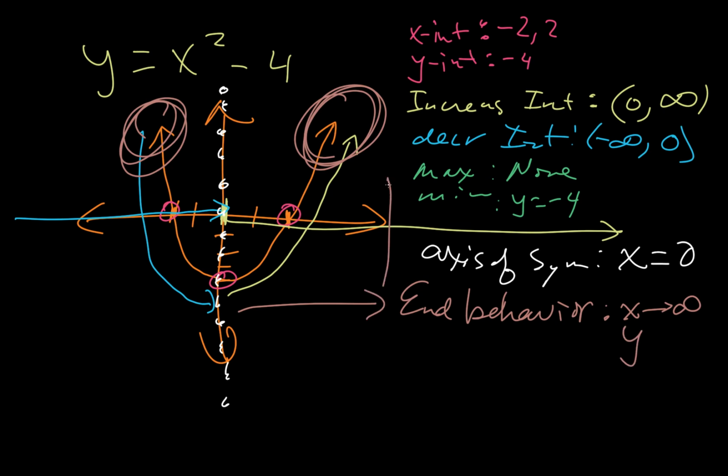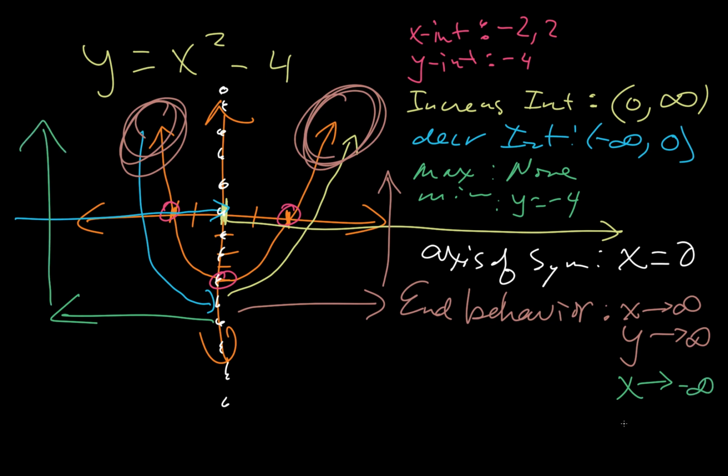Well, in this case, y goes up, so y approaches infinity. Then we ask the question, as we go to the left, or as x approaches negative infinity, our function also goes up, and so y approaches infinity. Okay, so all of that together is end behavior.